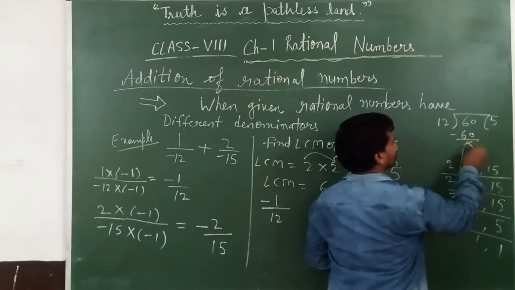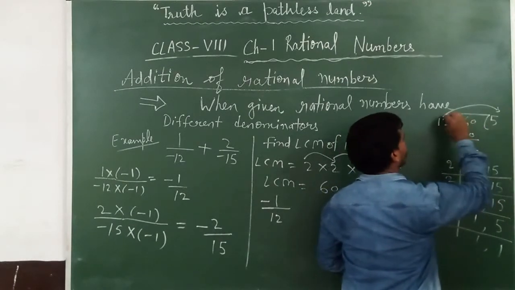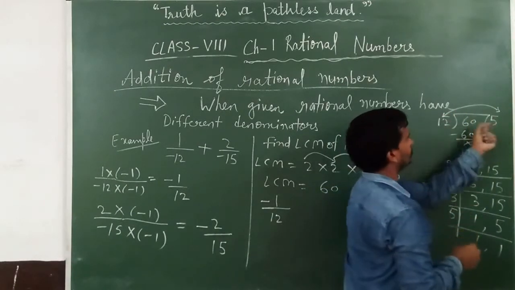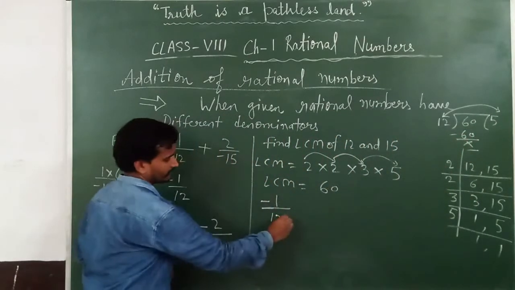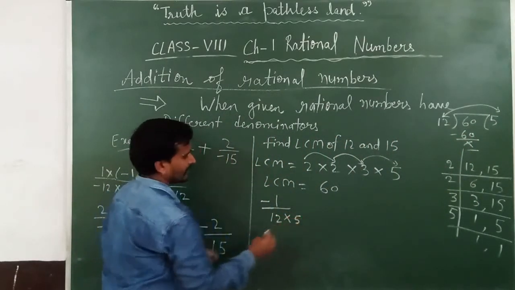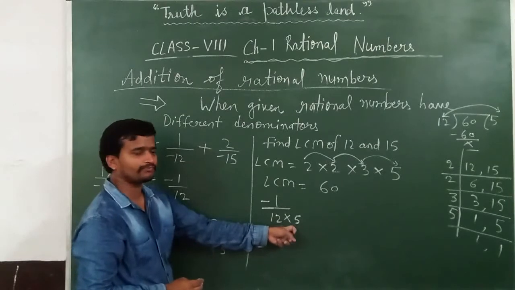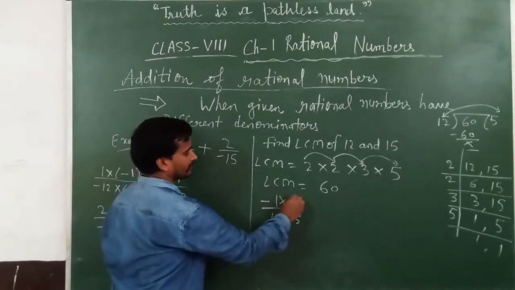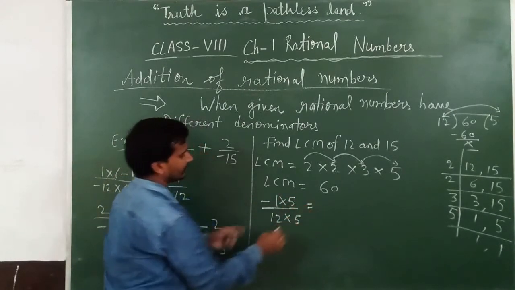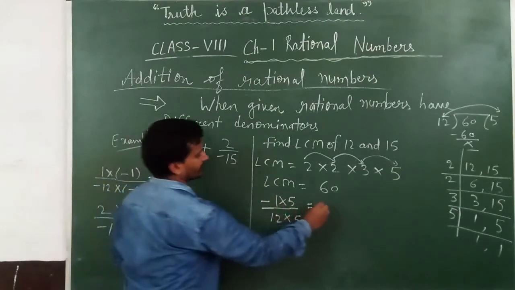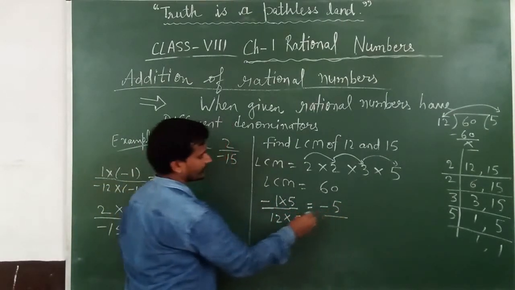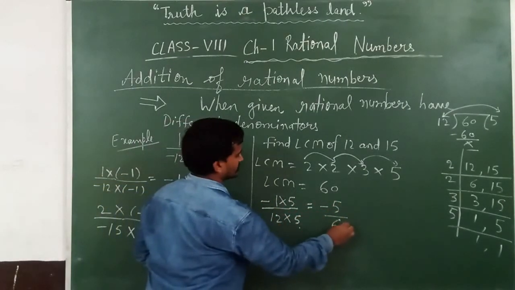That means 12 multiplied by 5 gives 60, so we multiply by 5. If we multiply the denominator by 5, we also multiply the numerator by 5. Now it will become minus 5 upon 60.